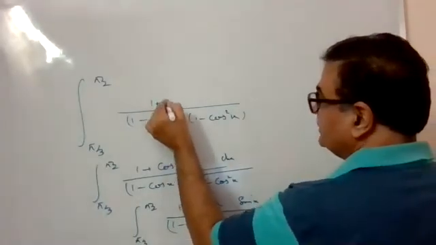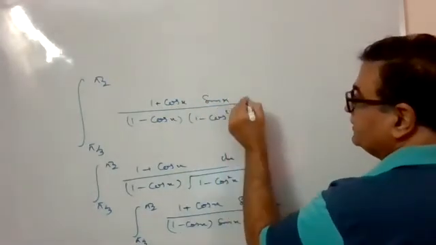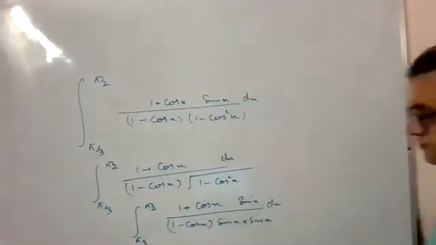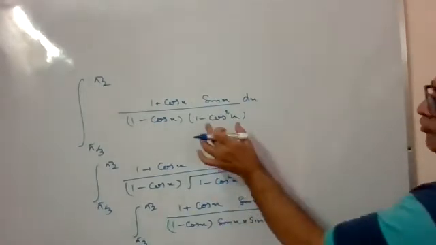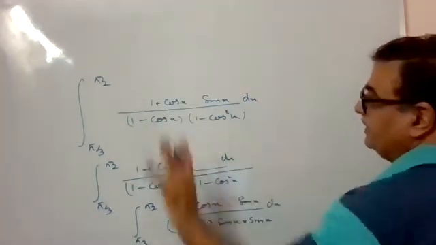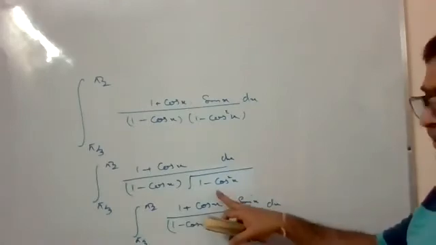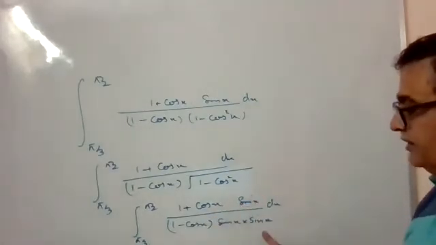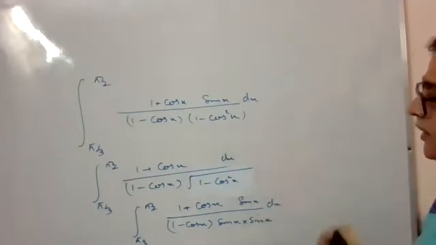This is (1 plus cos x) into sin x dx. Then this will give 1 minus cos x and 1 plus cos x, so 1 plus cos x gets cancelled out here. What I've done here is multiply and divide by sin x. When you do it, it will be sin square x, which you can write as 1 minus cos square x.